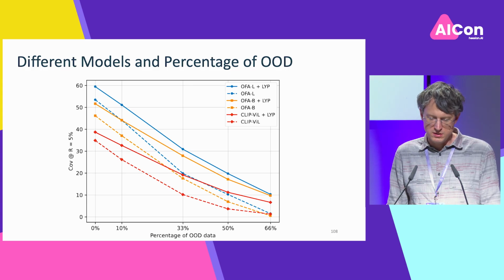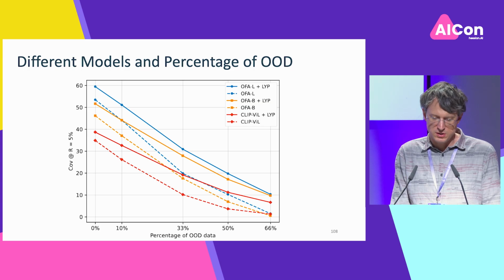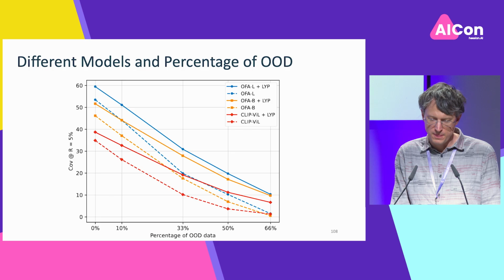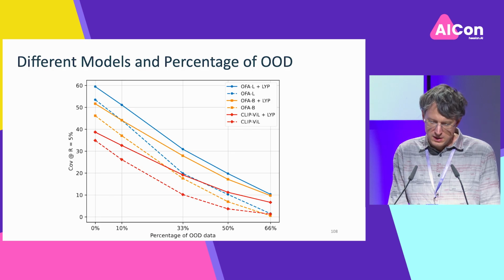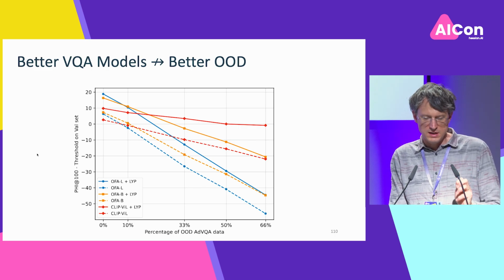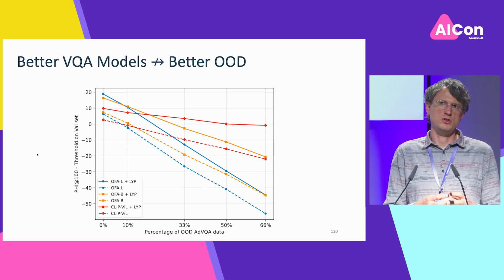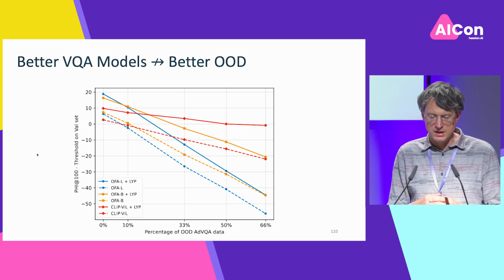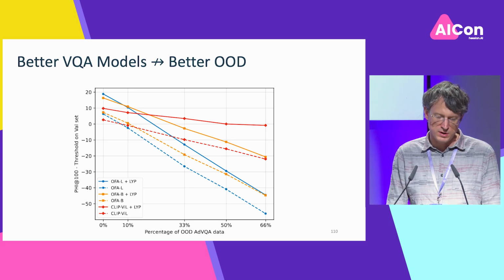But then this model drops dramatically as soon as we increase the percentage of OOD data, and that's true for all the models. And maybe I skip this one, but here, if the model also has to generalize the threshold of when to abstain or not, then the best model, the blue line, becomes the worst model very quickly once it gets more OOD data.